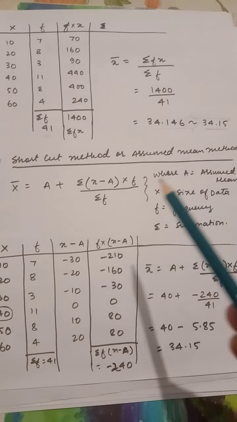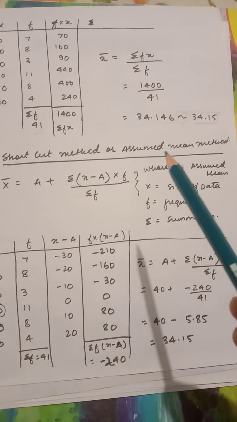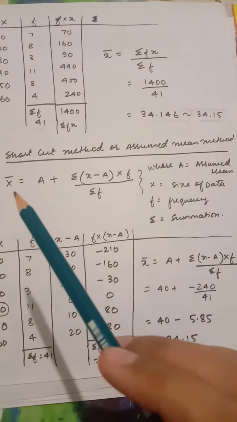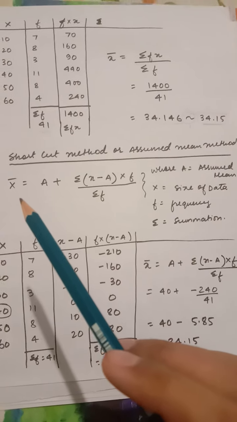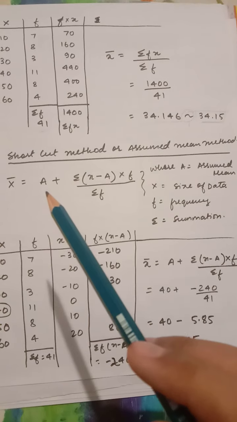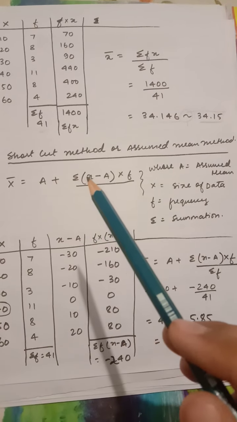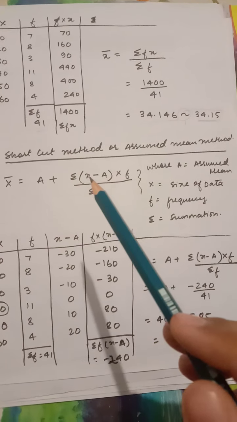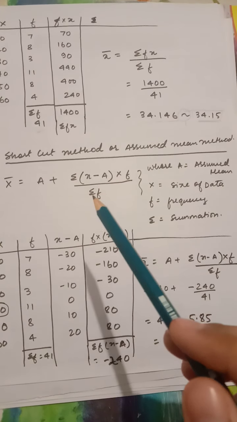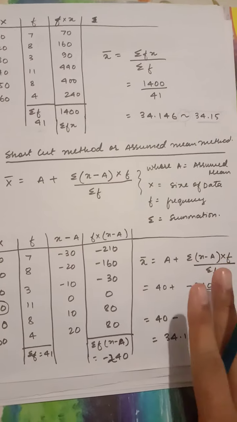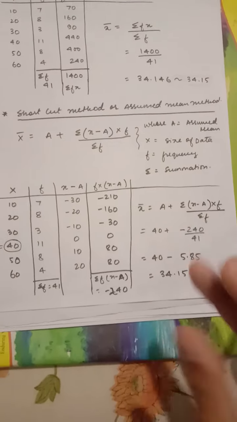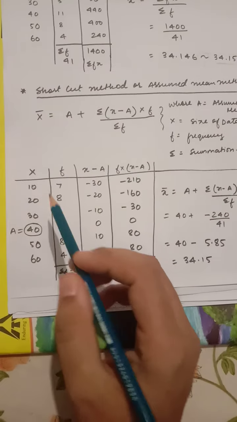So there is a shortcut method, which we call the assumed mean method, to find the mean of data. Okay, the formula is assumed mean plus sigma f into x minus a, divided by sigma f. So let's see an example regarding this.